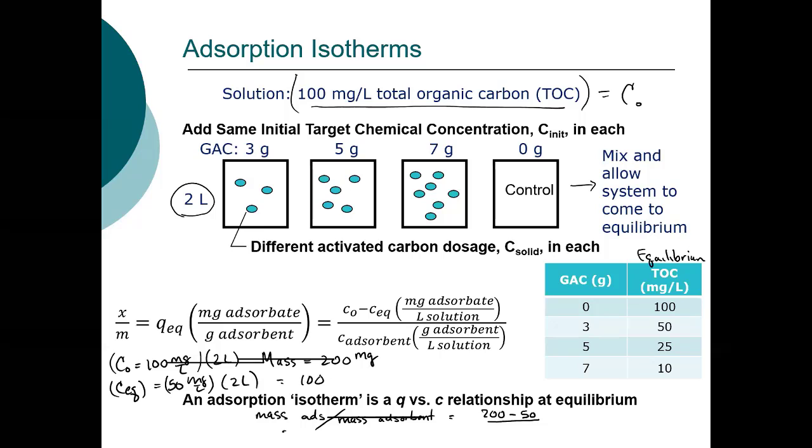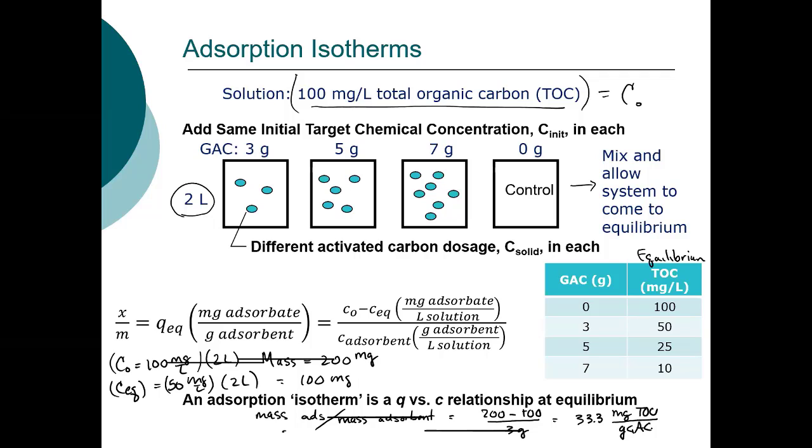So that's 100 milligrams. So that is 100 milligrams divided by 3 grams, and that is 33.3 milligrams of TOC adsorbed per gram of granular activated carbon.